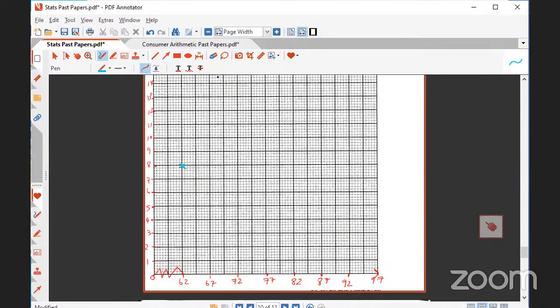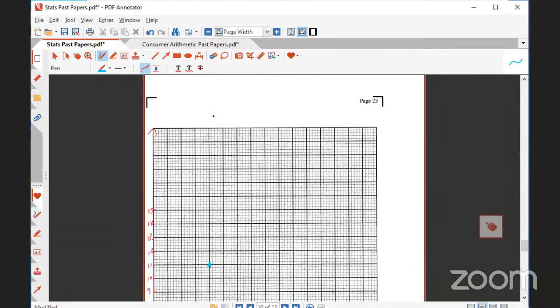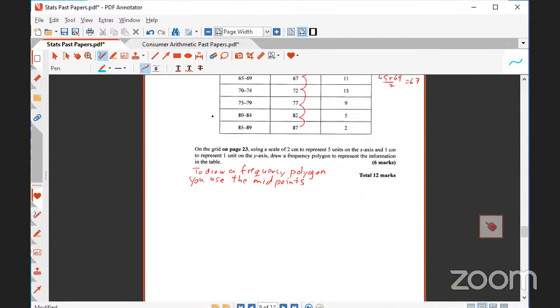Please make sure you're using a ruler. I do have a ruler right here. When I'm finished putting in the points, please make sure that you draw yours with the ruler.